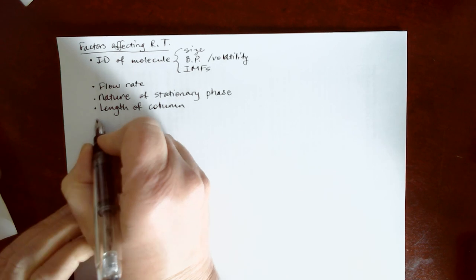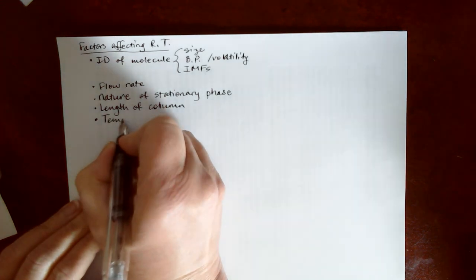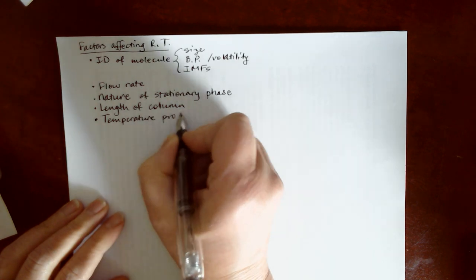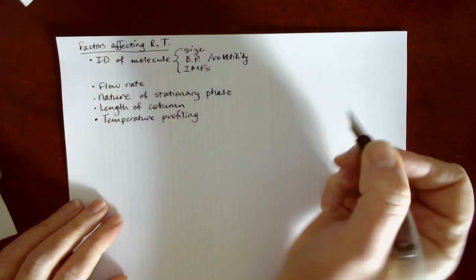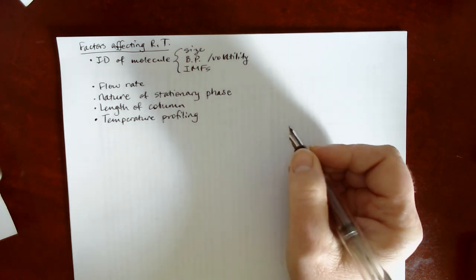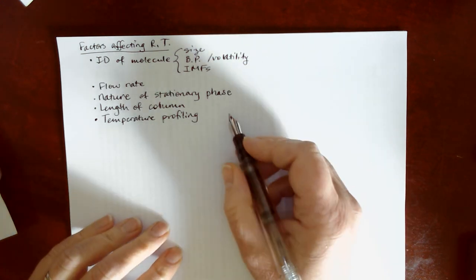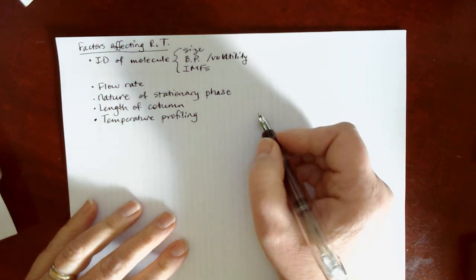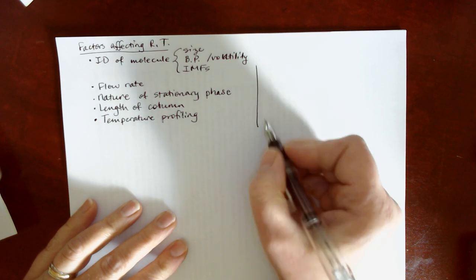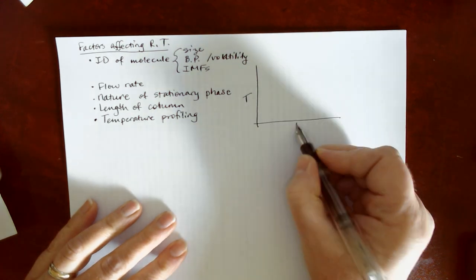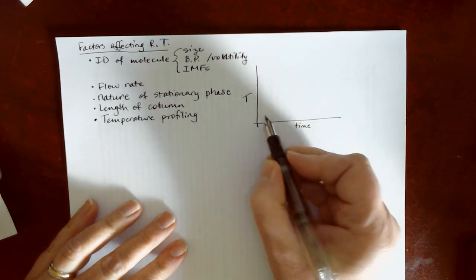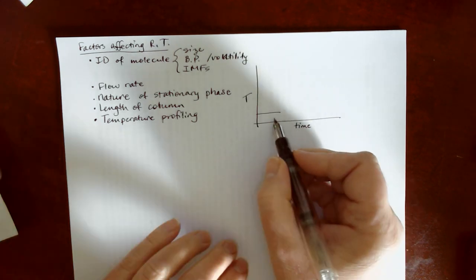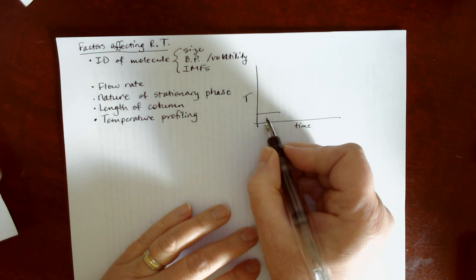And then finally, the other factor is the temperature profiling. As you saw in the video, the GC is basically an oven, and you can change the temperature in the oven. So often what you do, if you look at the temperature over time, is you start the temperature at something modest, like, I don't know, 125 or 150 degrees Celsius.